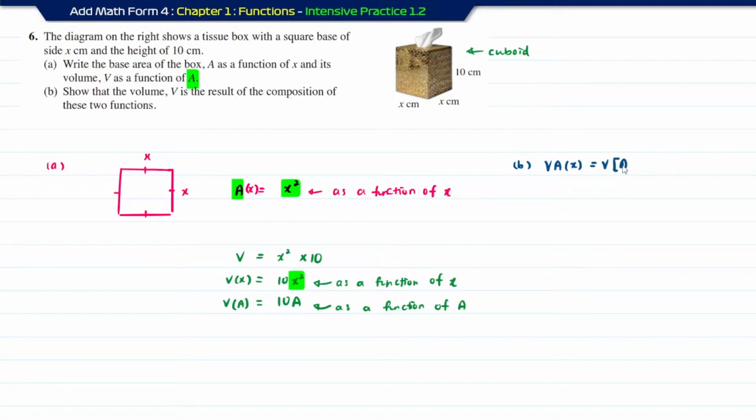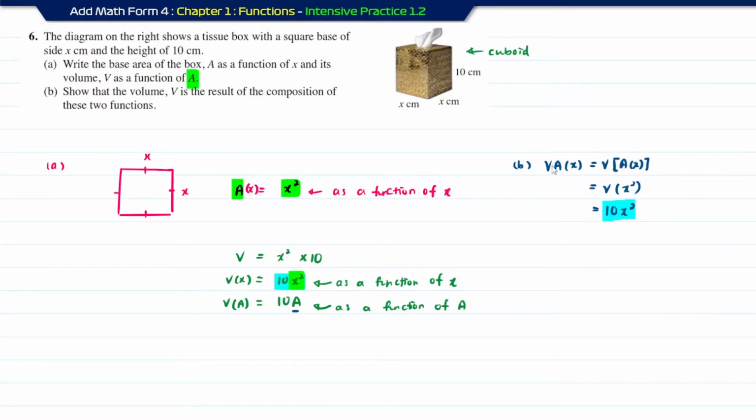By inserting the function A into the function V, A is our x squared, so we insert this x squared into the function V, and you get 10x squared. So 10x squared is the same as what you found earlier.